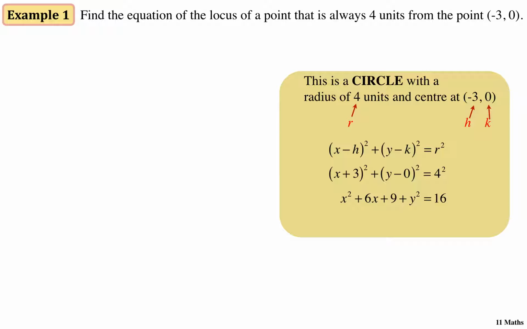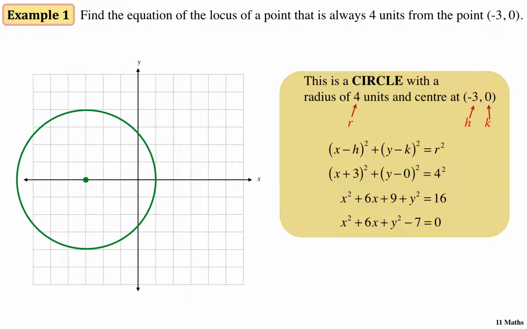Let's take 16 from both sides. 9 take 16 gives minus 7. We end up with x squared plus 6x plus y squared take 7 equals 0. Remember, we like to give our answer equal to 0. If we wanted to see what that would look like, it's a circle with a center at negative 3, 0 and a radius of 4.